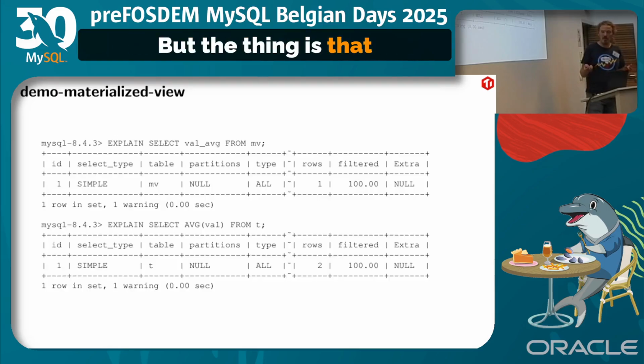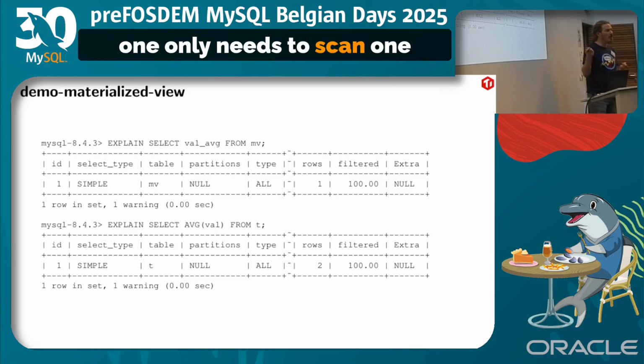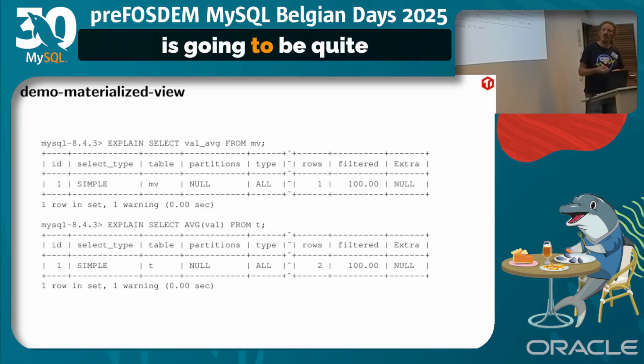which I can also directly get from the table, of course. But the thing is that if you look at the explain plan, you can see that one only needs to scan one row and the other two, which is fine for a small table. But if it's a large table, this is going to be quite a lot of difference.